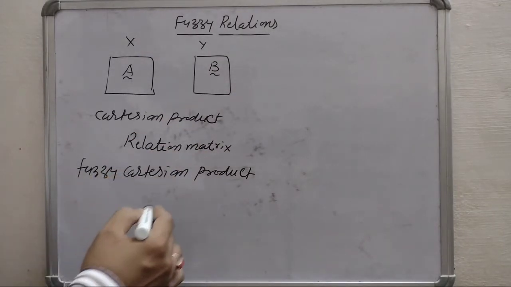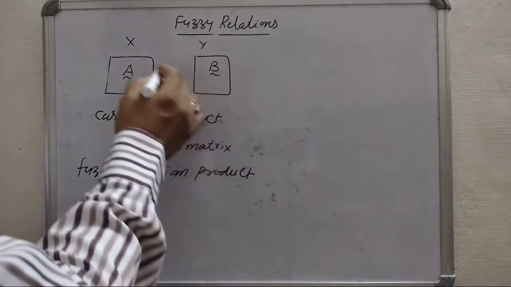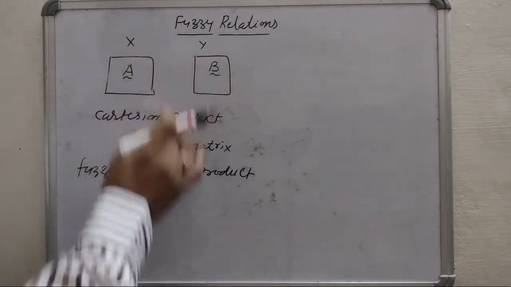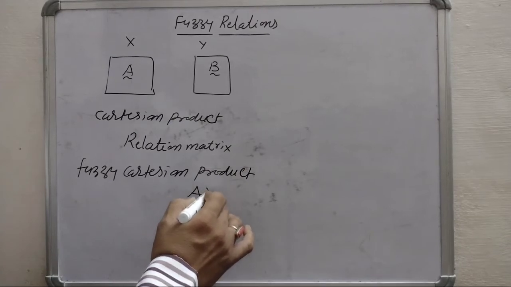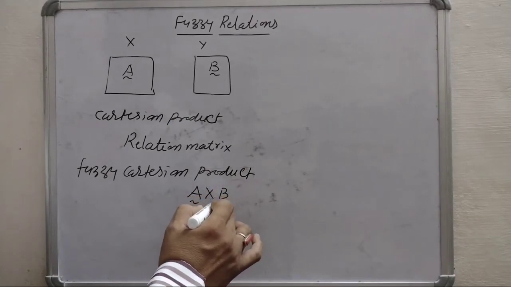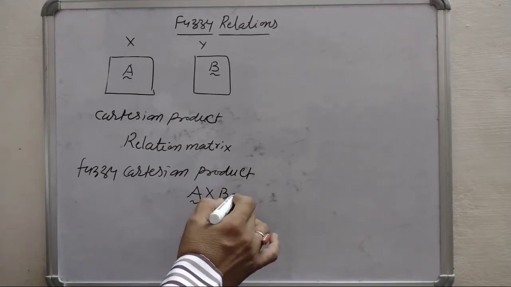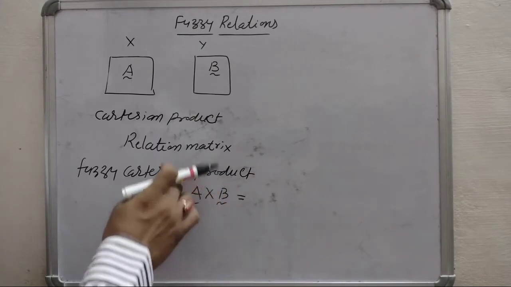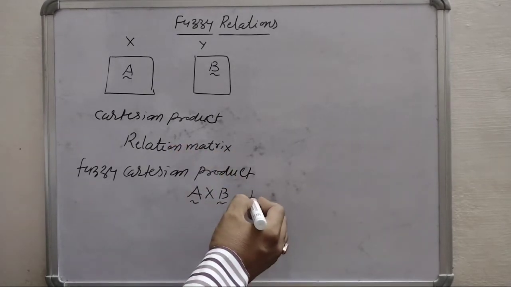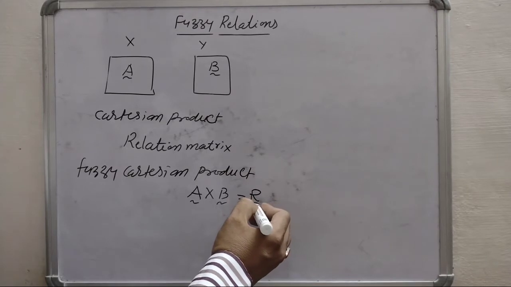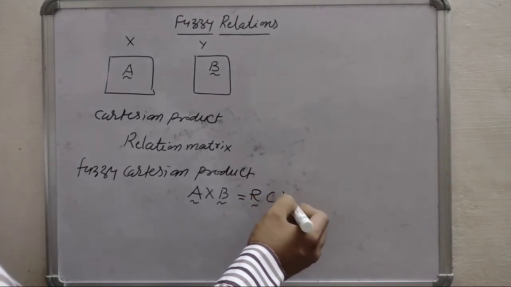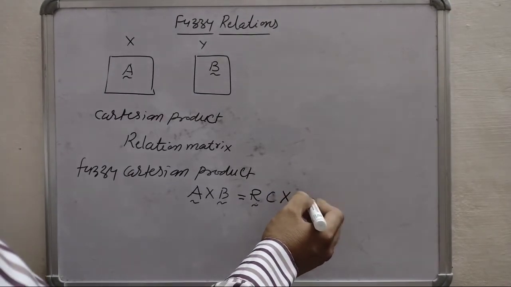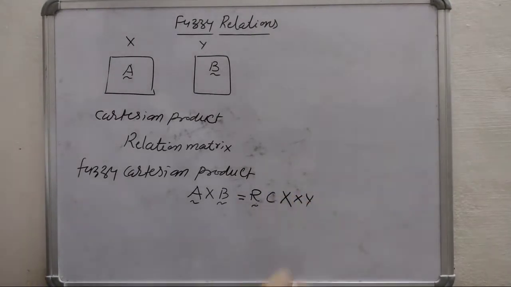So the fuzzy Cartesian product of A and B, represented by A cross B, will give you a relation matrix R that is also fuzzy, and it is contained in the universe of X and Y.